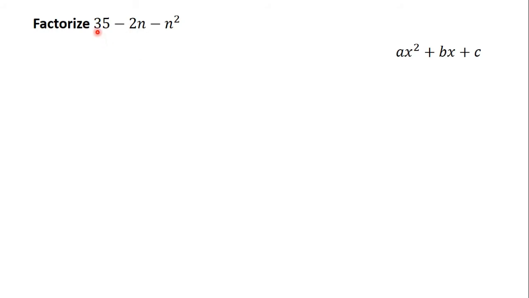We can see that the quadratic trinomial that we have is not arranged in the same way as the general form of a quadratic trinomial. So we have to do some rearrangements. The n squared term should come first, the n term should be second, and the constant, which is 35, should be the last term. So when we rearrange it, you have minus n squared.